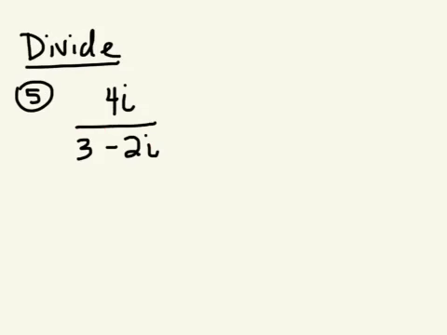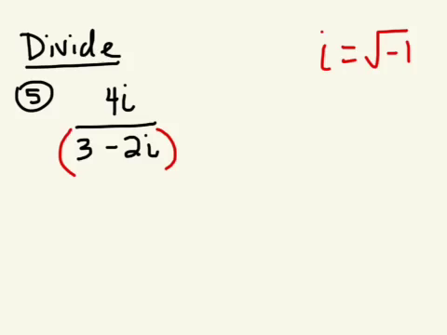Now let's consider a fraction example where we have a binomial or a complex number in the denominator. Now again, since i is equal to the square root of negative 1, I do not want to have i in my denominator. So in order to rationalize the denominator, we want to multiply the top and the bottom of my fraction by its conjugate.